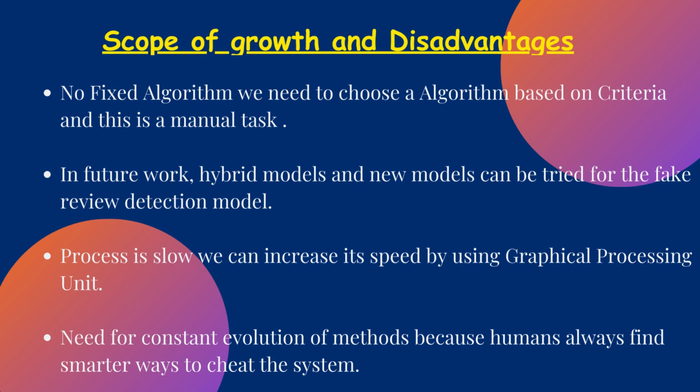By using Google Colab and a graphical processing unit, the research can speed up the process of execution. There is no fixed algorithm. We just need to choose an algorithm based on the criteria. There is a need for constant changes since humans always find a smarter way to cheat the system.